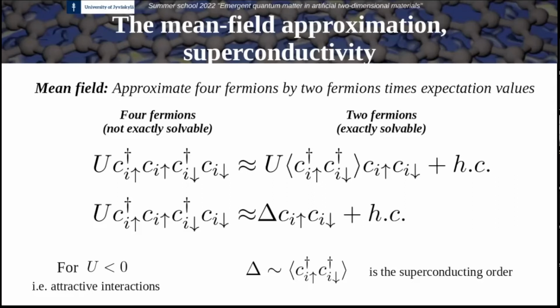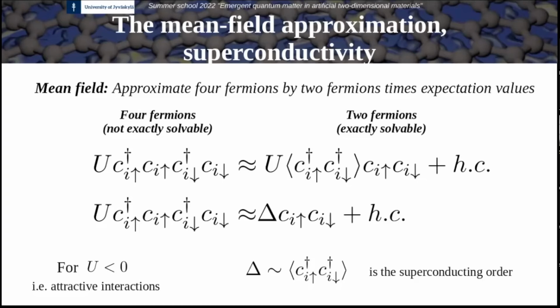What you actually get is that for U smaller than 0, that expectation value can be finite. And that expectation value is essentially the superconducting order, so the superconducting gap of a 2-dimensional material. You could, of course, have also done this with U bigger than 0, but if you compute this with U bigger than 0, you get that expectation value is 0. That is just something that comes from the self-consistent procedure.